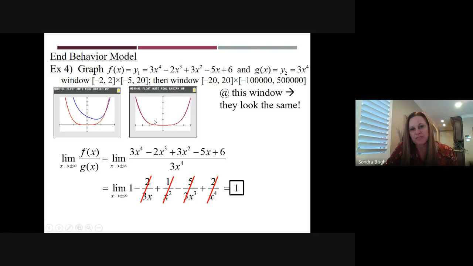It matches up with this graph: as we zoom way out, going to positive or negative infinity, they basically look the same. The end behavior model is just the 3x to the fourth, not 3x to the fourth and 2x cubed and so on. So 3x to the fourth is the end behavior model for this big long function.